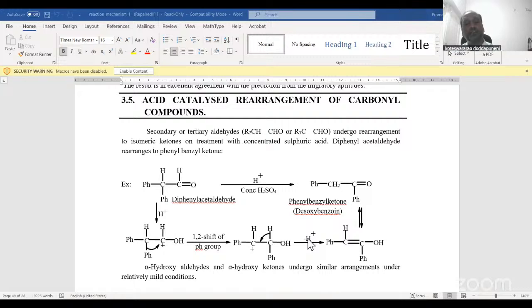Then it undergoes phenyl group migration, a 1,2 shift of the phenyl group, that leads to the formation of a benzylic carbocation. This benzylic carbocation is more stable. Then elimination of a proton leads to the formation of a C=C olefinic derivative, which is further rearranged to produce this carbonyl compound.